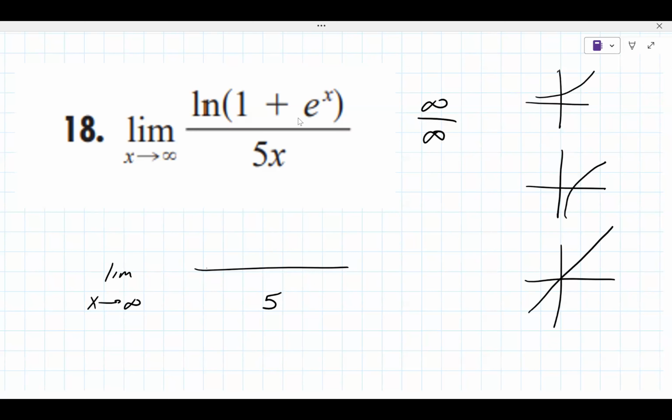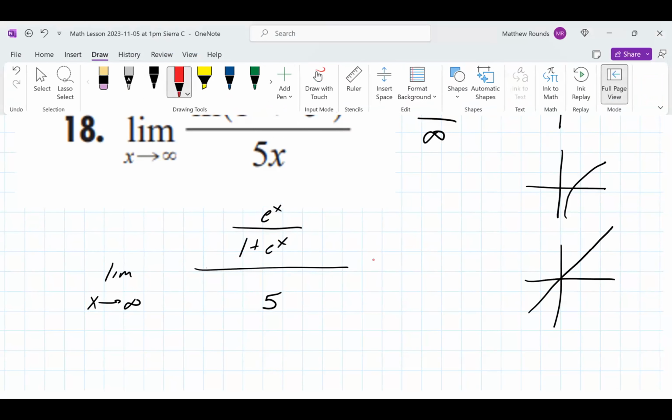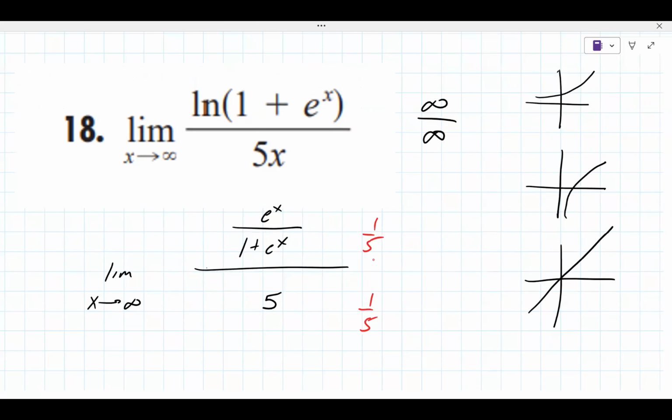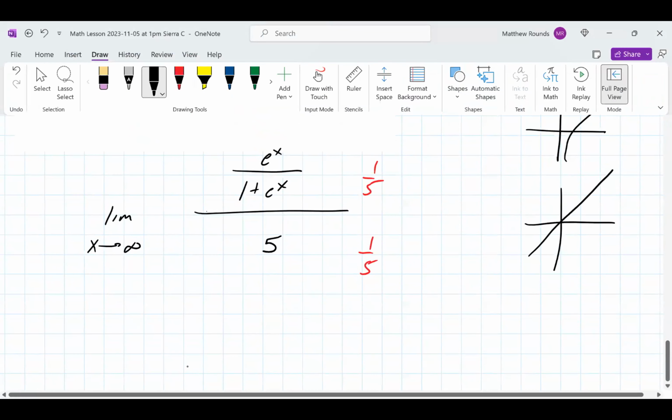E to the x over 1 plus e to the x? Yeah, now this is where you really want to rewrite this by multiplying the top and bottom by 1/5 here. You can simplify as much as you need.